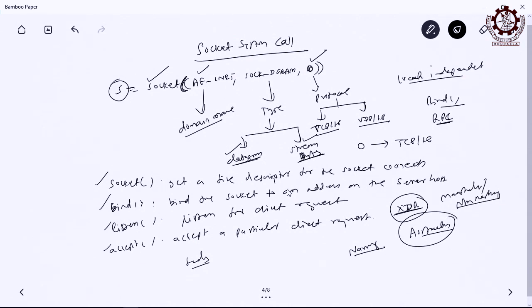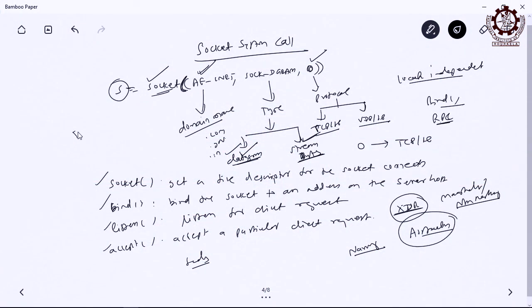For example, the domain names defined in the socket system call, .com, .gov, .in, like nitrkl.ac.in, that is a domain name, and that domain name must be used for communicating the data in the form of stream communication or datagram communication using a particular protocol, either TCP/IP or UDP/IP over the network. And these socket system calls are implemented at the transport layer, that is on top of the network layer.